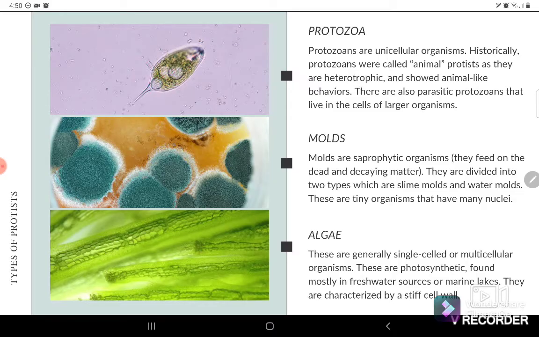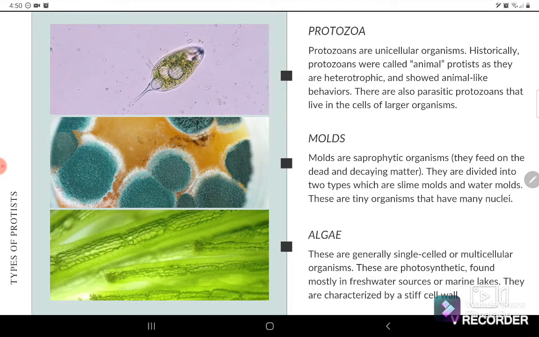They are divided into two types, which are slime molds and water molds. They are tiny organisms that have many nuclei inside their cells. And the common characteristic of molds is that they are saprophytic organisms, or they feed on decaying matter.